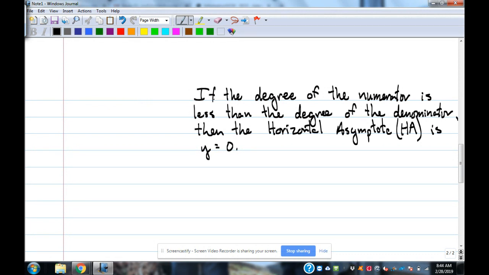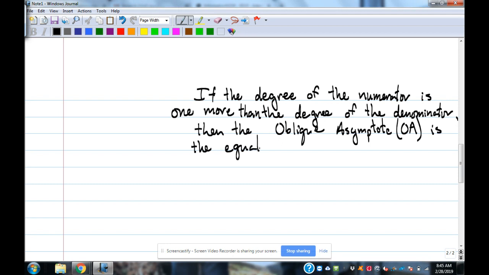If the degree of the numerator is 1 more than the degree of the denominator, the oblique asymptote, and we'll abbreviate that OA, is the equation y equals mx plus b, because that would create a slanted line, right? y equals mx plus b, slope-intercept form.